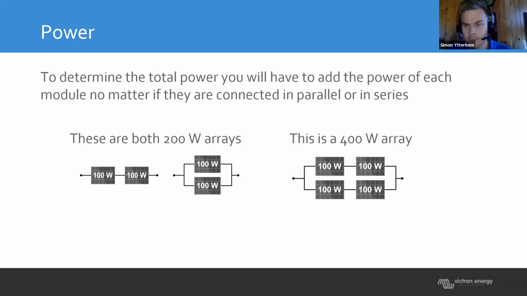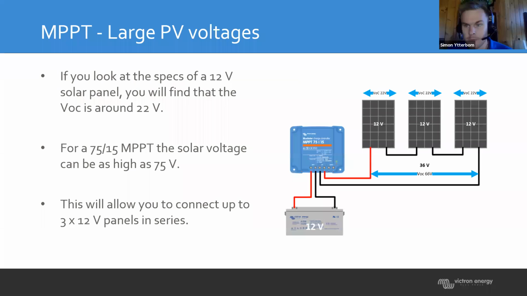The solar charge controller will need around 5 volts above our battery voltage. If our battery voltage is 12 volts, then we need about 17 volts from the solar panel to start the regulator and start charging our batteries.